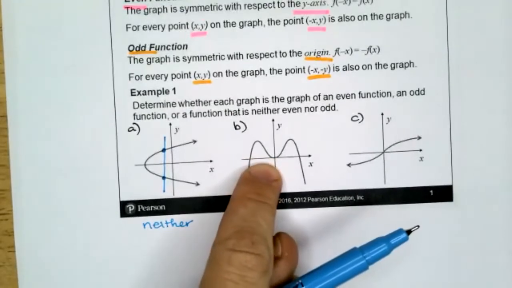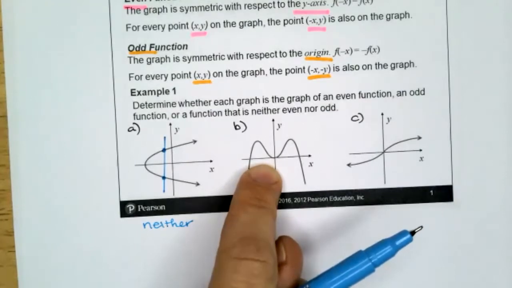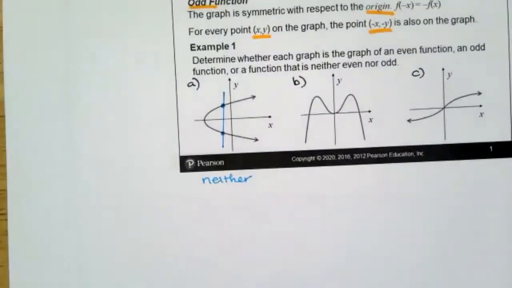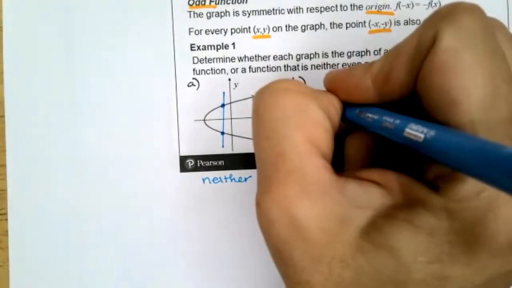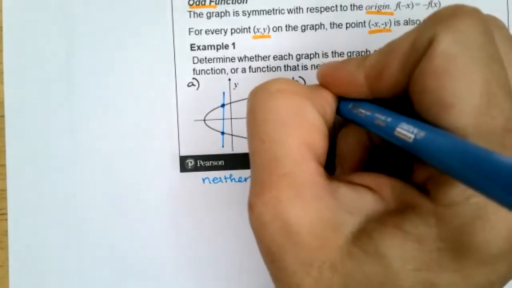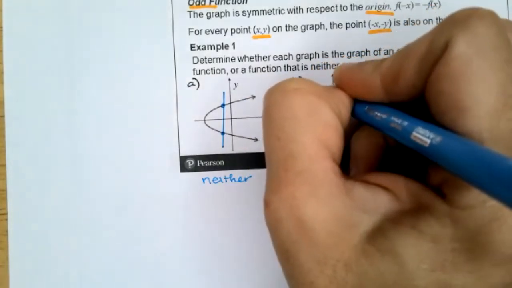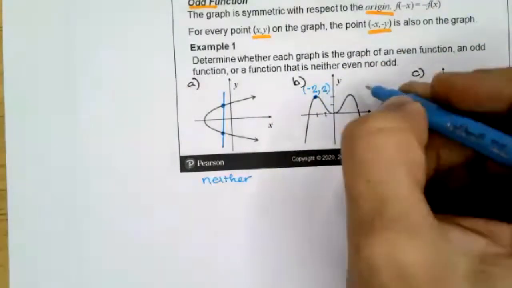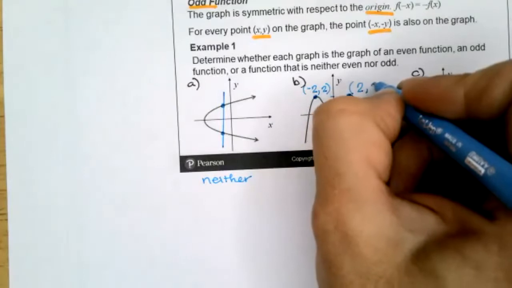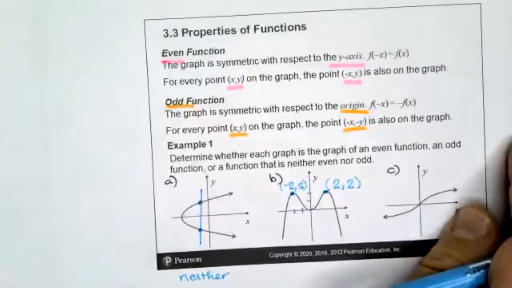So did we decide? Have we thought about it? So remember, would the graph lie on top of itself if I folded it along the y-axis? I think that that's true for B, right? Or you can kind of think of, this is probably the point negative 2x, 2y, right? And then am I mirroring that over here with a positive 2x, positive 2y, right?